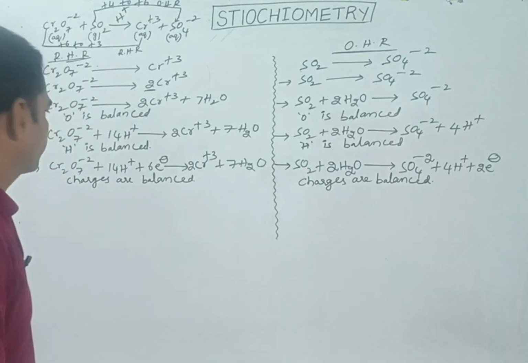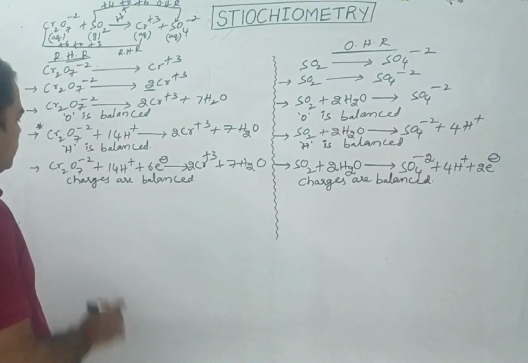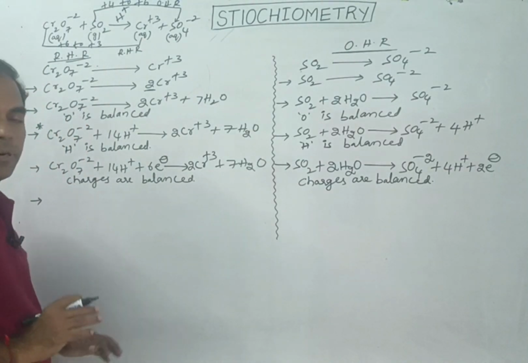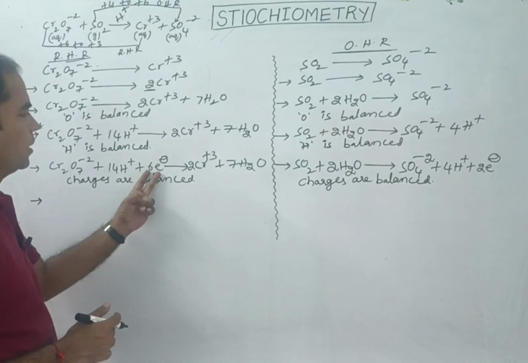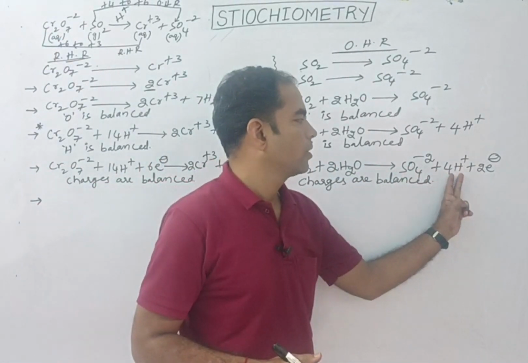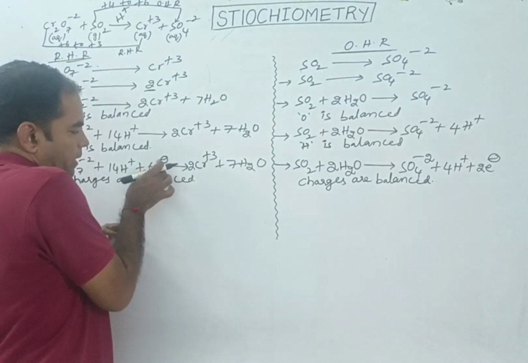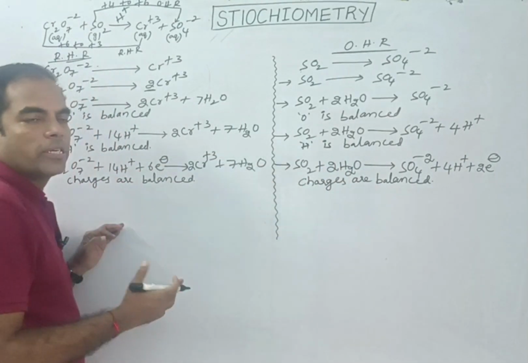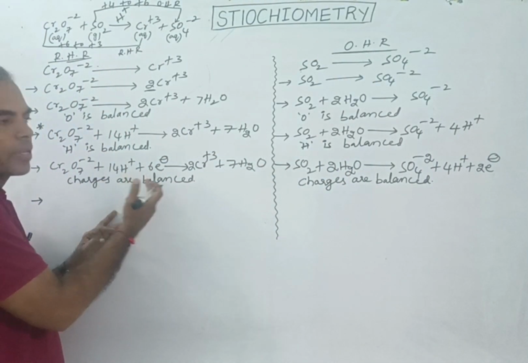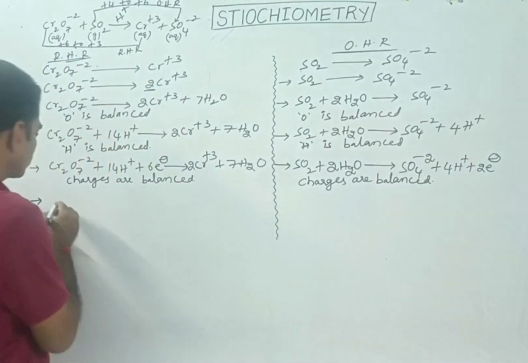Next, to equalize the number of electrons. Here 6 electrons, here 2 electrons. To make the 6 electrons equal, here multiply with 1, here multiply with 3.